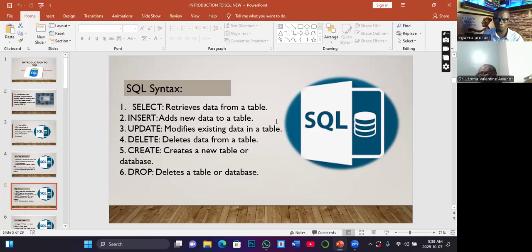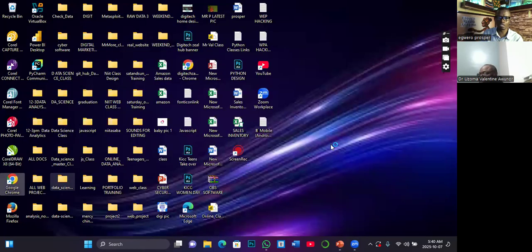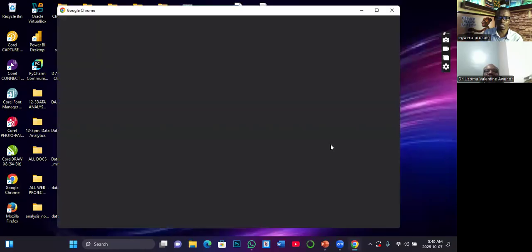We'll come back to the slide where we have set up the environment and we are ready to run this code, because I don't want us to just be explaining them without practicalizing them. So let's quickly dive into setting up an SQL workspace. To start with, the first thing is for you to open a browser. You need to install two applications. Two installations will be involved. Number one is the server.